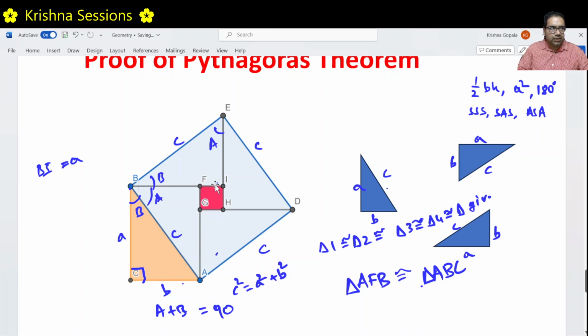This part BI is equal to A. Right. And BF is equal to B. What does that mean? FI is equal to B minus A. Right. Similarly, EH. What is EH? EH is again A.